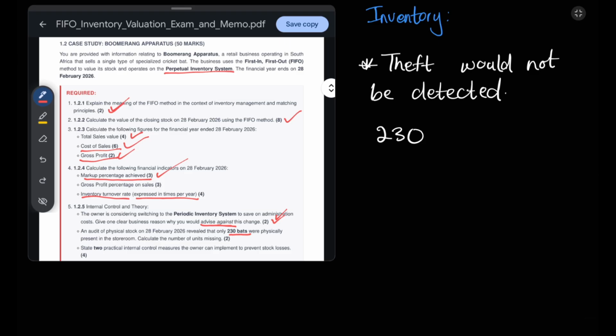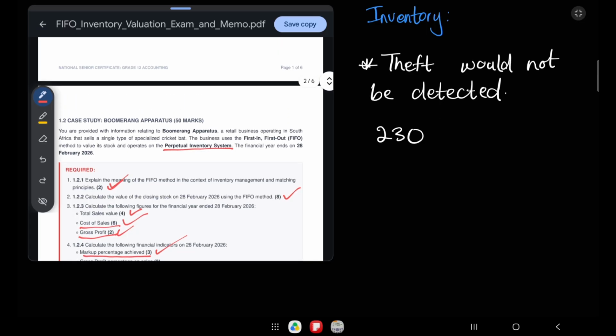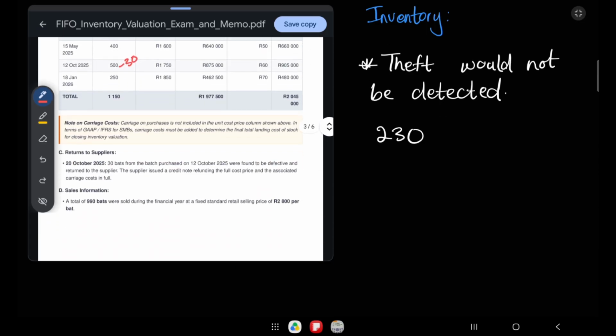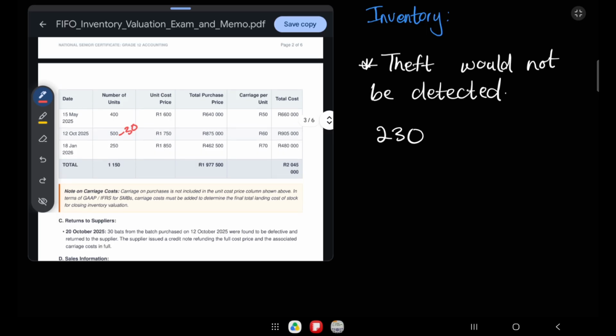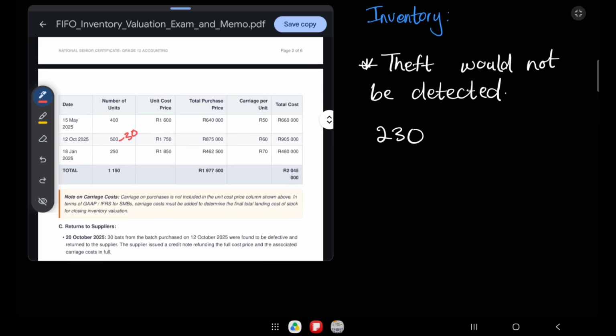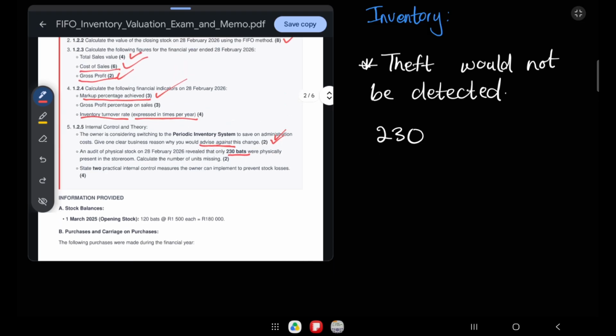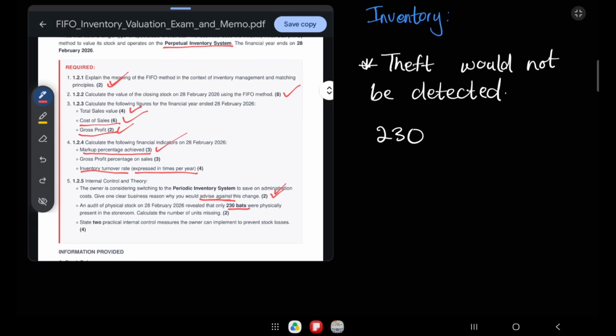Now let's look at the information. Remember, this is all under the Boomerang Company. We actually have to refer to our closing stock balance. Remember, the closing stock means the units that you didn't sell.